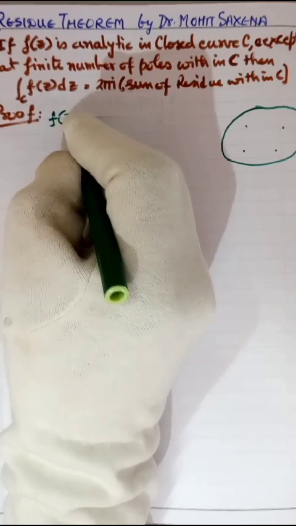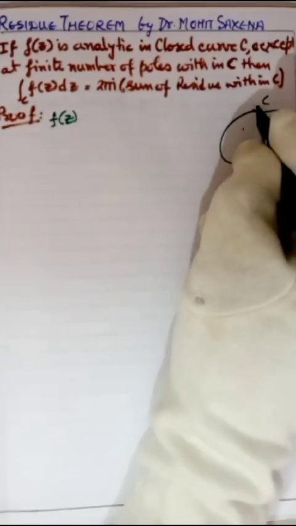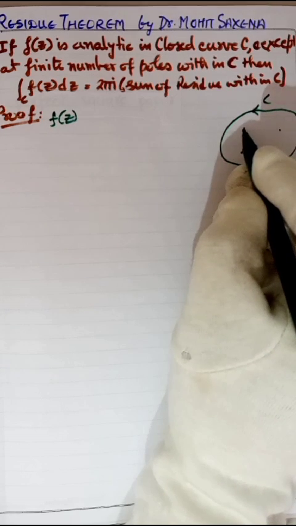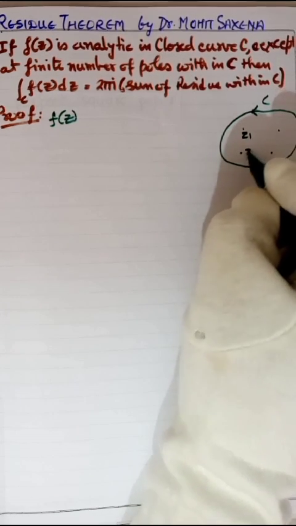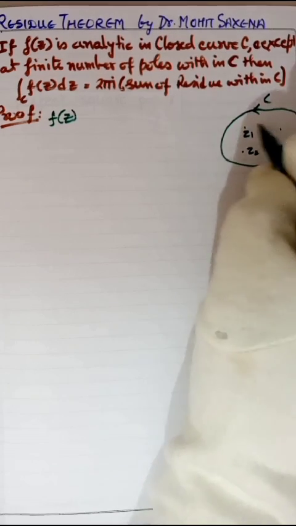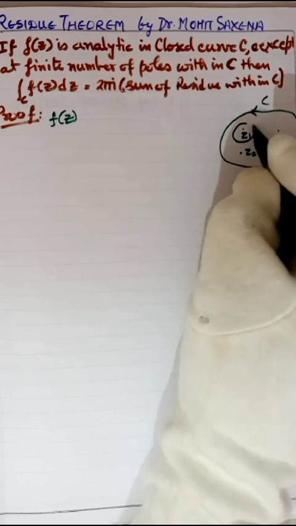f(z) is the function defined over this circular contour C, and the singularities are z1, z2, z3, and so on, a number of singularities over there.